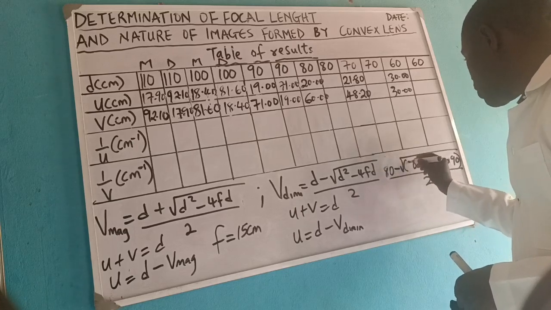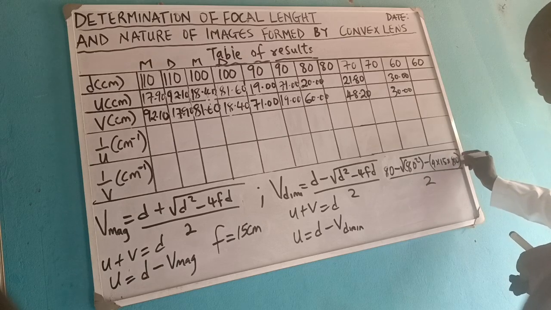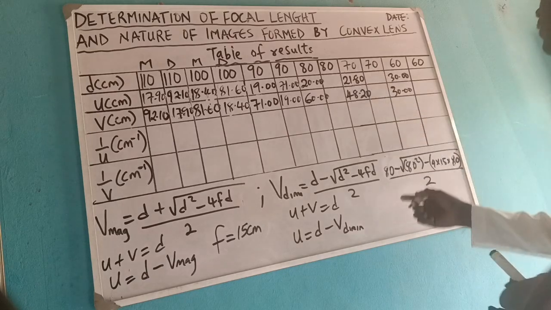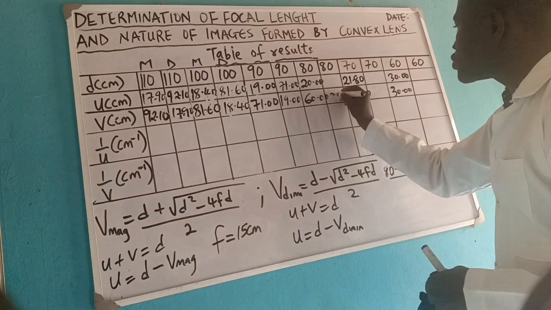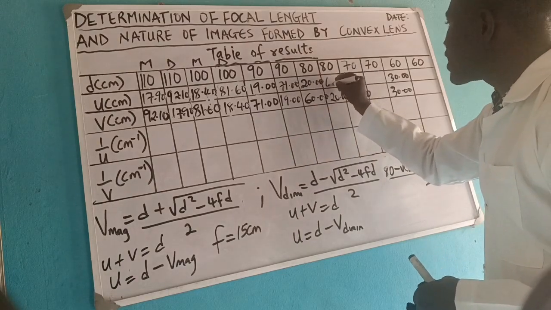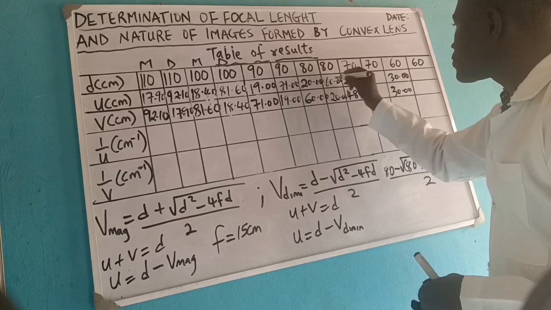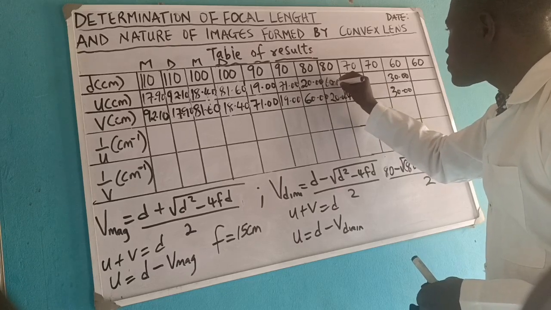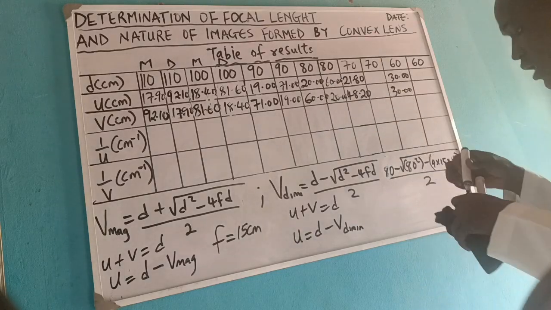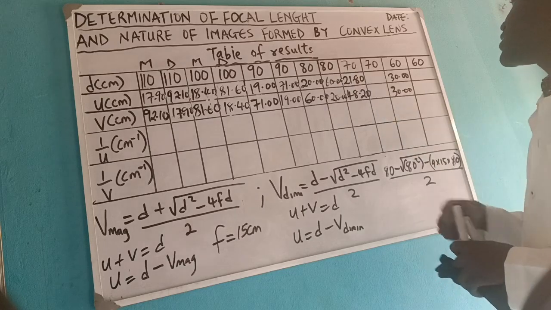So, if you also do for the one of 80, here we change to 80, and here we change to what? 80. You now bring it here. You now see that here will be 20.00 and here will be 60.00. The reason is because 80 minus 20 will give you 60.